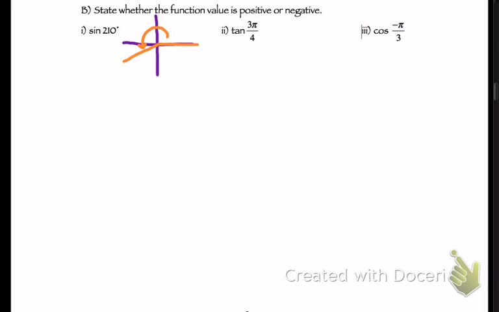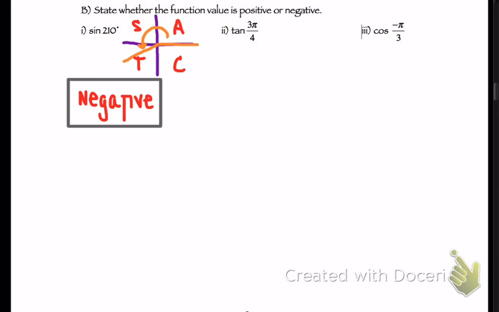If I think about my simple trig chart, it's in the 3rd quadrant. The T, tangent, is the only thing that is positive in that quadrant. So I know the sine of 210 degrees is negative, and if you check in your calculator, you're going to get a negative answer. Second one, tangent of 3 pi over 4.